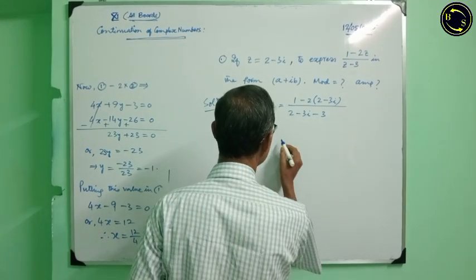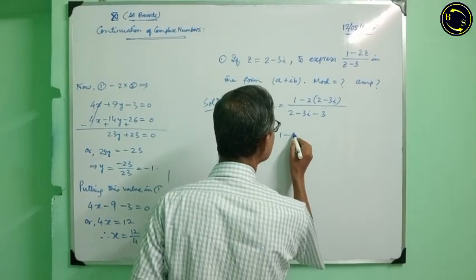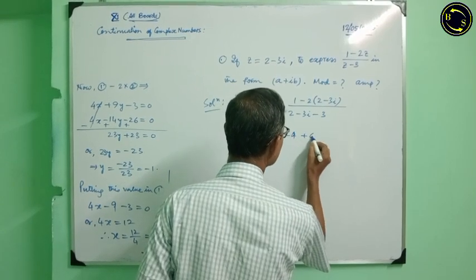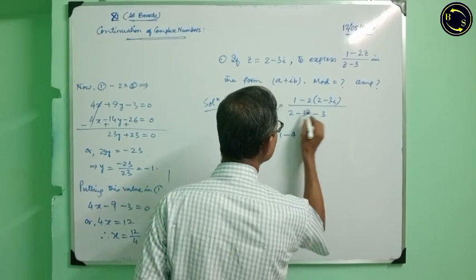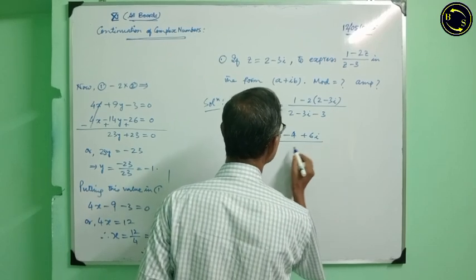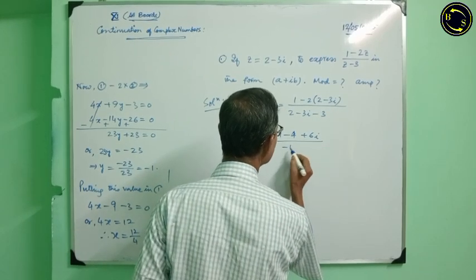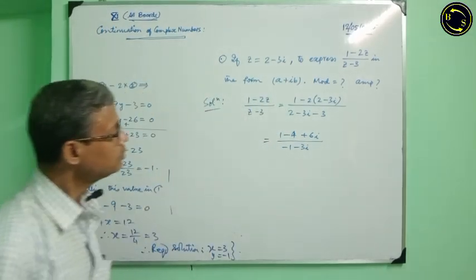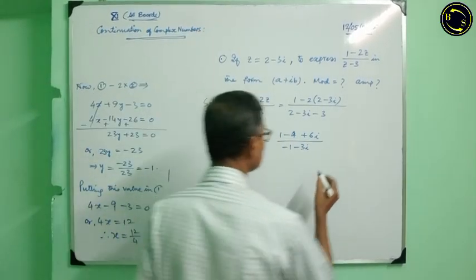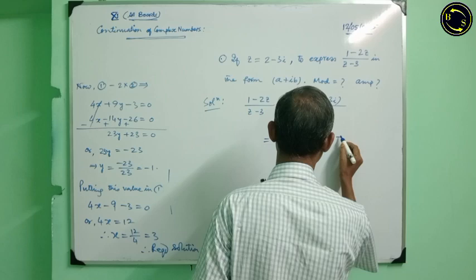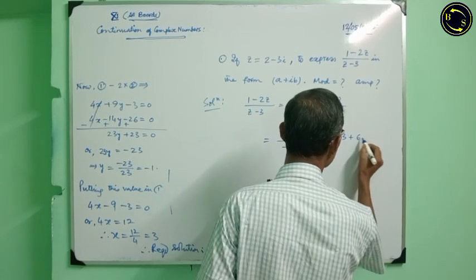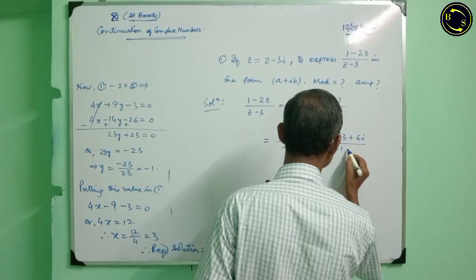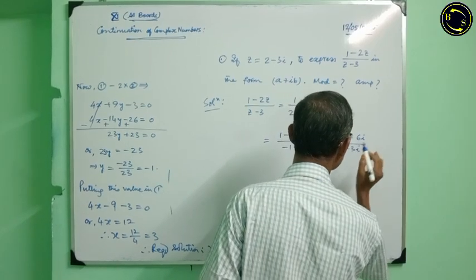Let us simplify. 1 minus 4 plus 6i by minus 1 minus 3i, that is equal to minus 3 plus 6i by minus 1 minus 3i.